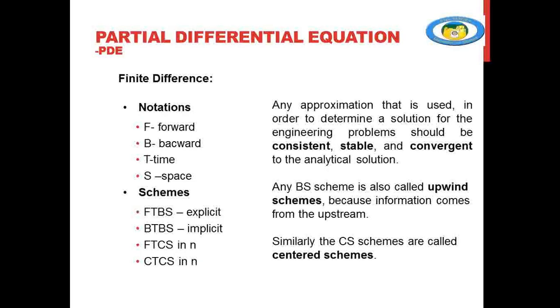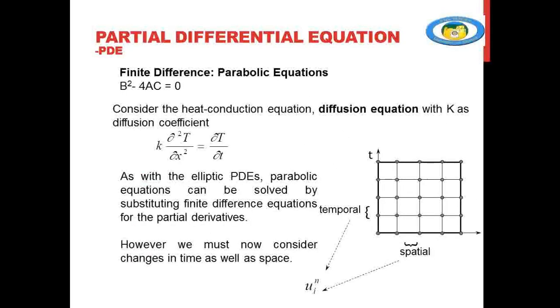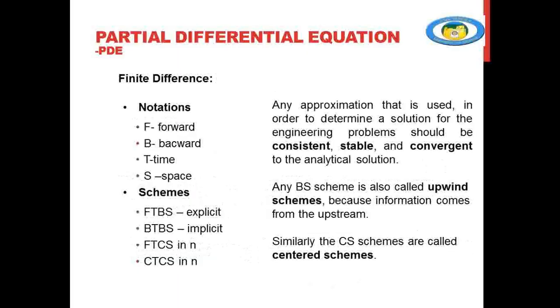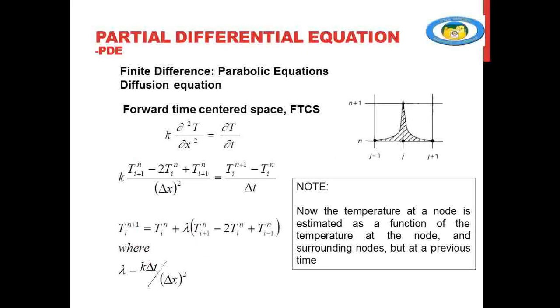Spatially backward representations in finite difference are typically called upwind schemes. Similarly, the spatially centered schemes are called centered schemes. So you can represent the parabolic equations in many different ways. Among others, you can use forward time centered space, FTCS.